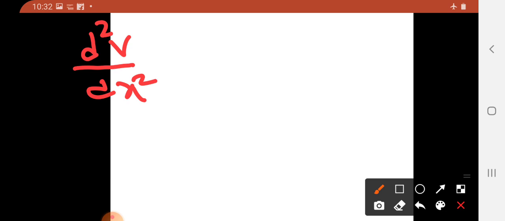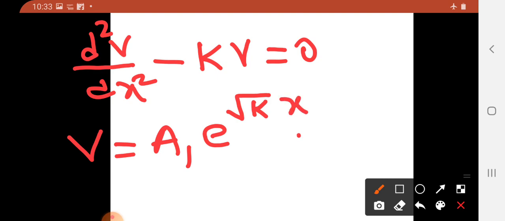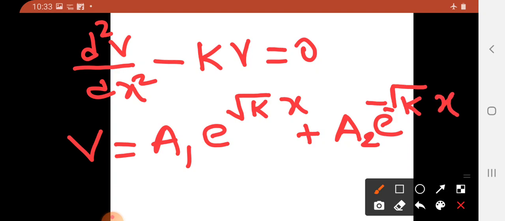The solution of this equation is v is equal to a1 e power root k into x plus a2 into e power minus root k into x. Yes, this is the solution.